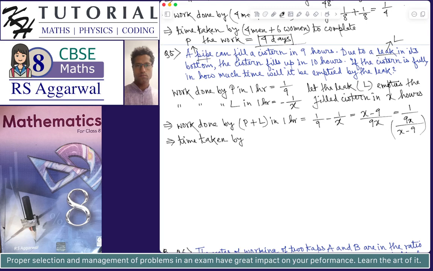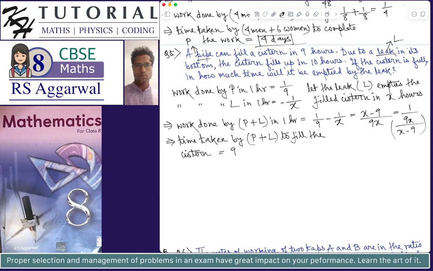We can say the time taken by P plus L, that is the pipe along with the leak at the bottom of the cistern, to completely fill the cistern, will be as per the rule of an inlet.